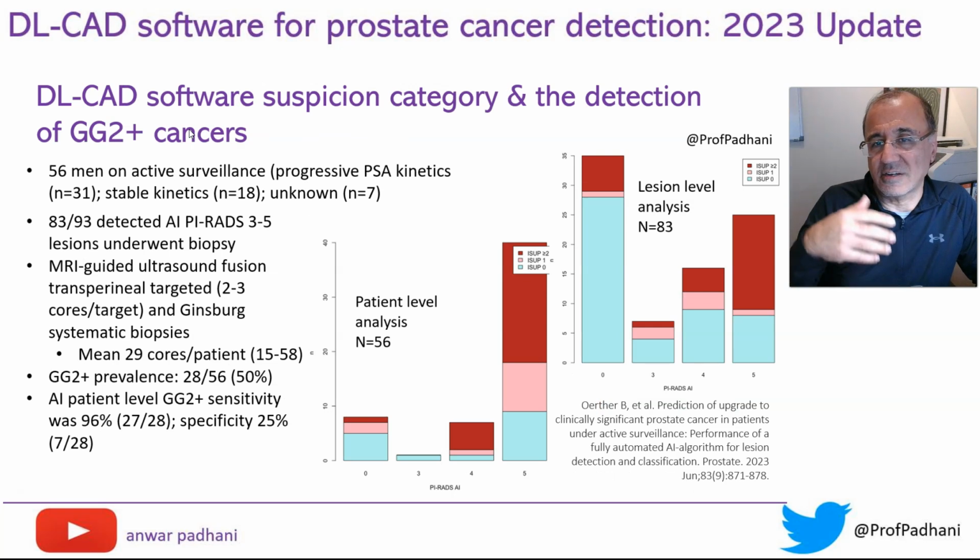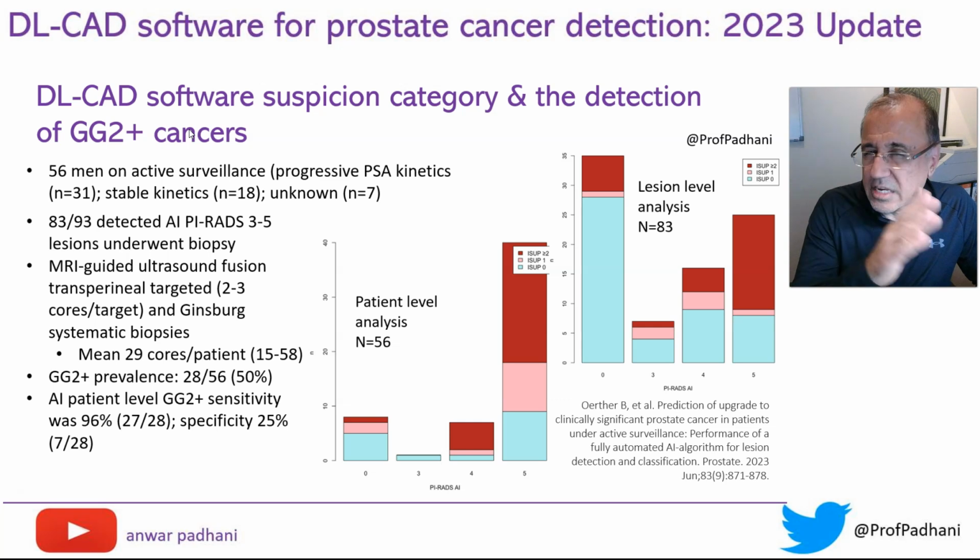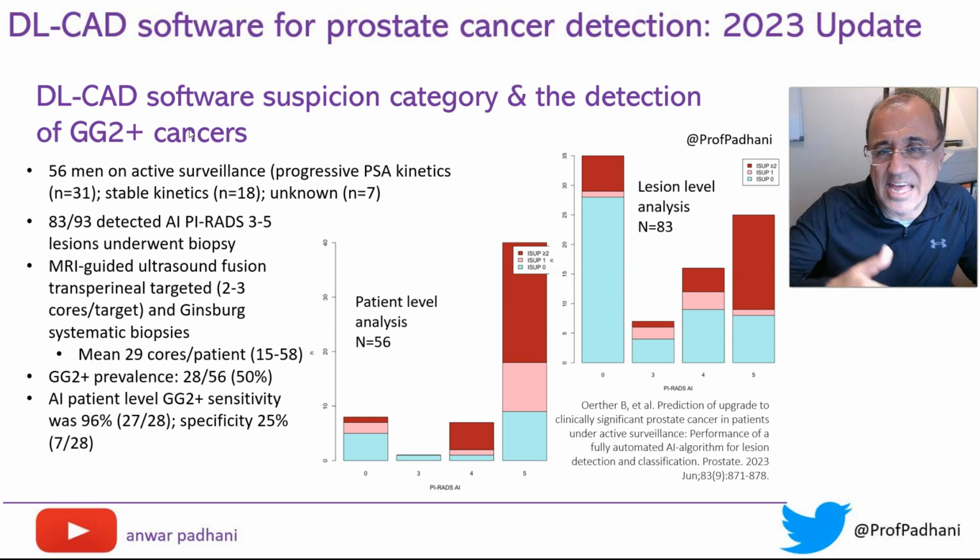And this is again shown in this illustration, again using that same AI that I showed you before. So this is looking at an active surveillance cohort, and you can see that as the AI says more suspicious, and that's at the bottom there, you can see at the patient level and at the lesion level, the higher the suspicion score, the greater is the probability of clinically significant cancers defined as grade group 2 and above.